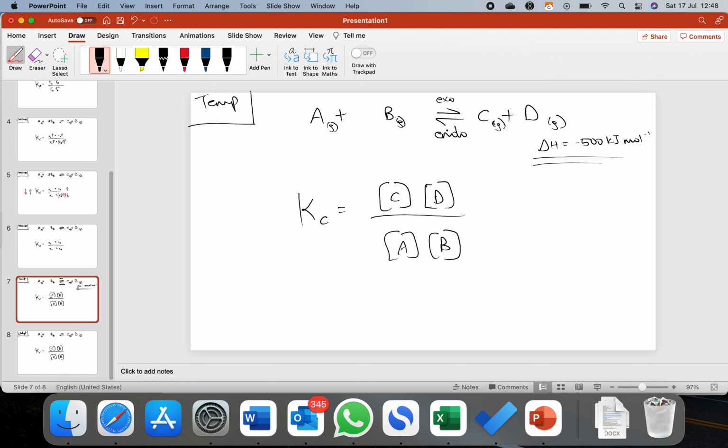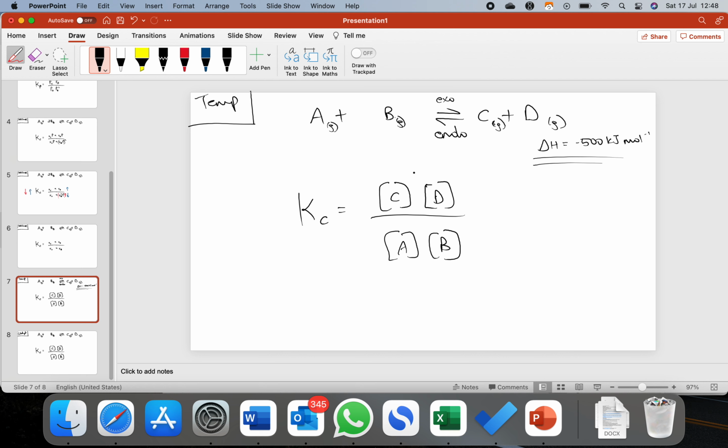So now, if we were to increase the temperature of the system, here's the key thing. We're not actually making a change to the concentrations of any of our substances. So, we increase the temperature.